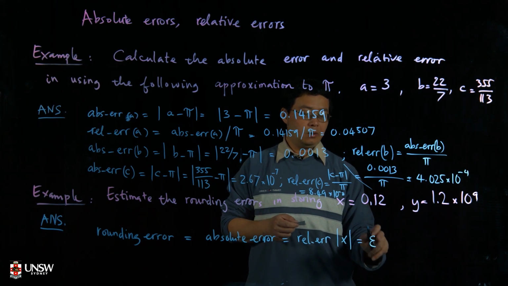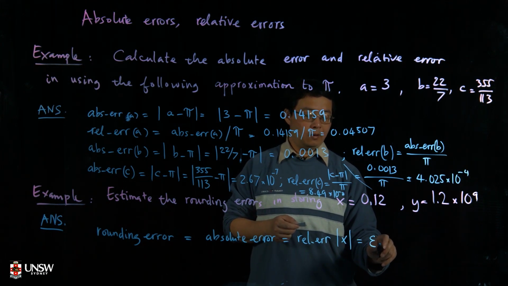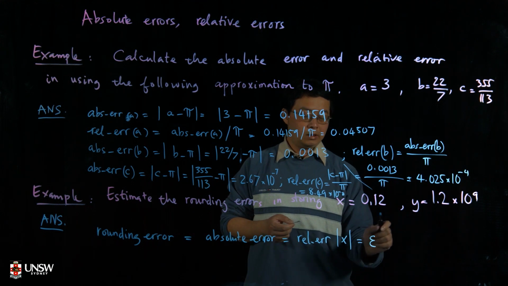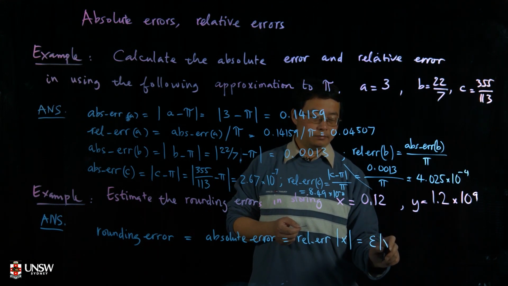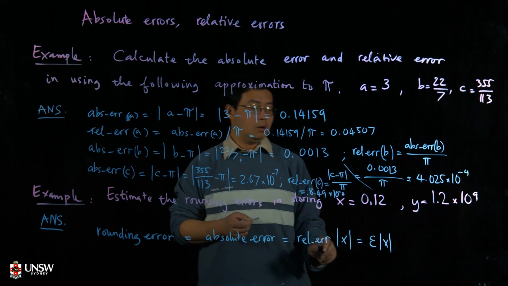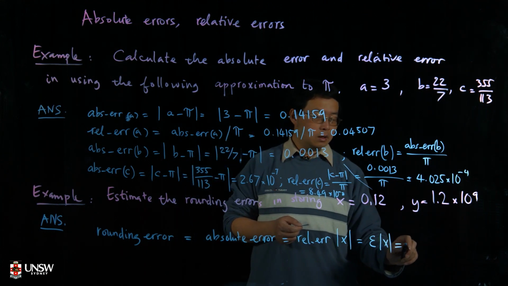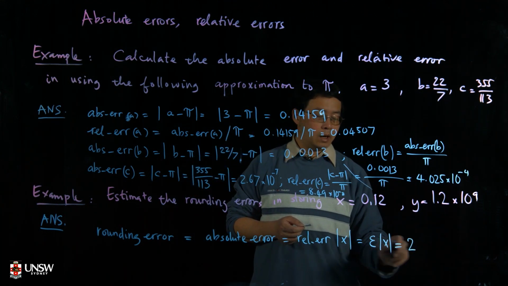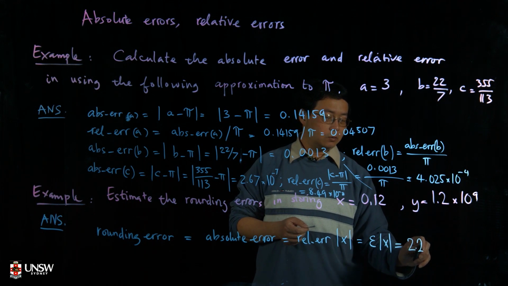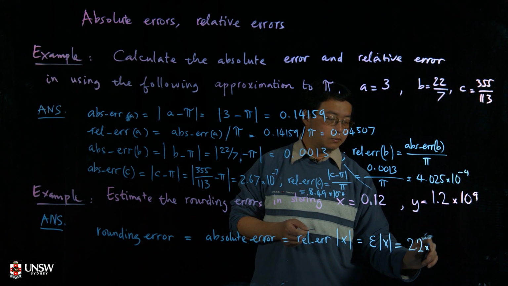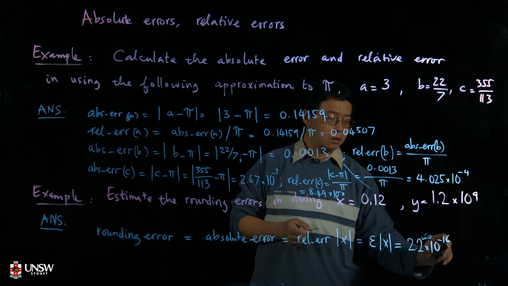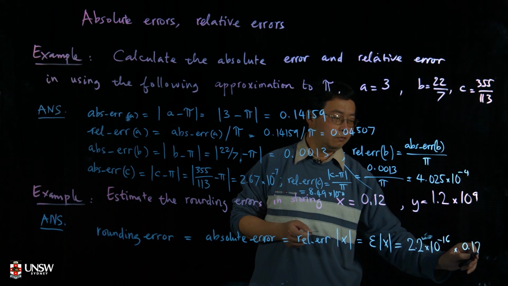Remember, epsilon is the one we discussed before, the gap between one and the next machine number. So in this case, we can approximate epsilon as around 2.2 times 10 to the minus 16, and times the absolute value of x, which is just 0.12.